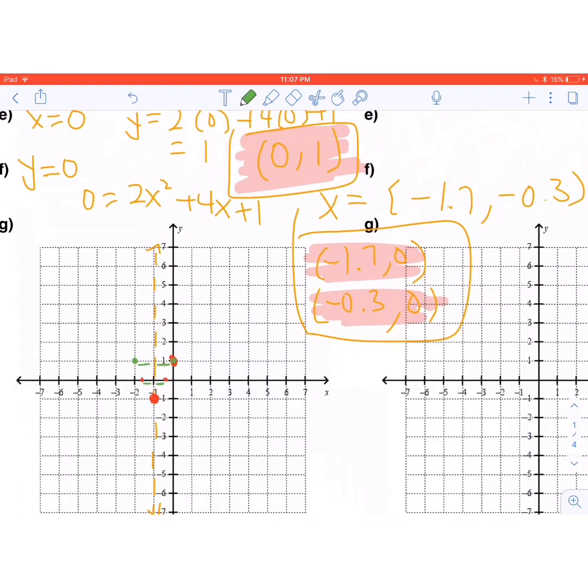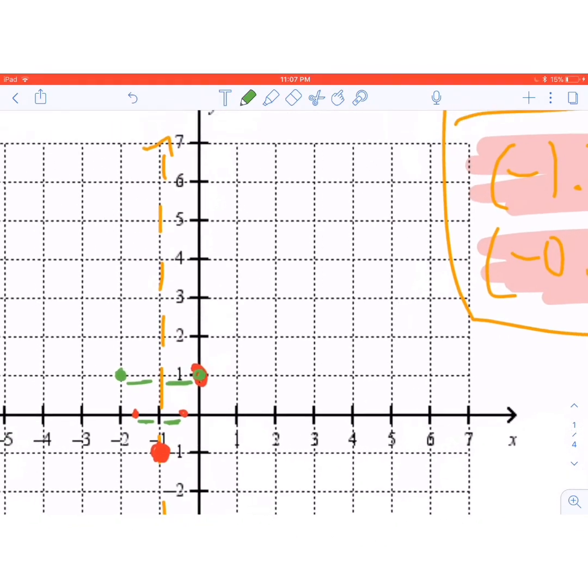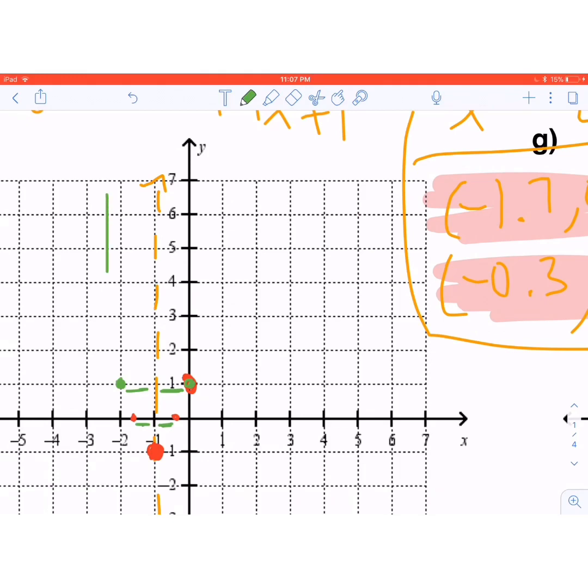So we are ready to plot our parabola. We have 5 points. That's enough for us to estimate our parabola. That would look like this, symmetrical about the axis of symmetry. And that is it. And we did predict that our graph will be upward, so that is also correct.